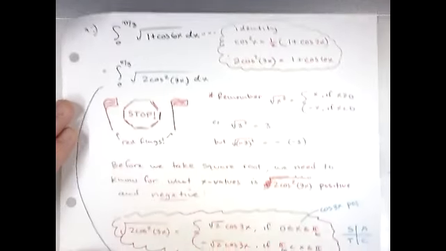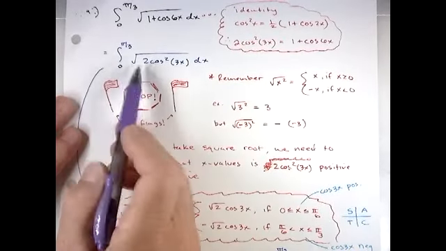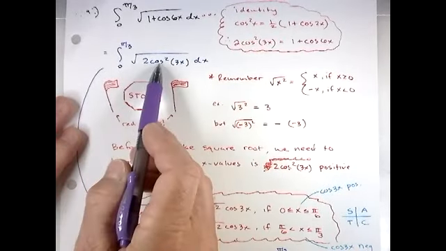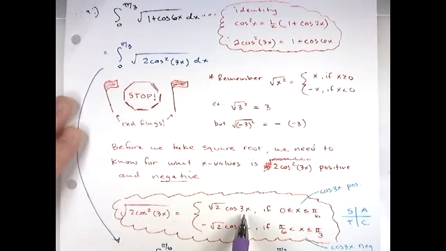So what that means is before we take the square root, we can't just simplify the square root of cosine squared of 3x and say that's cosine of 3x until we know whether what's inside is positive or negative.